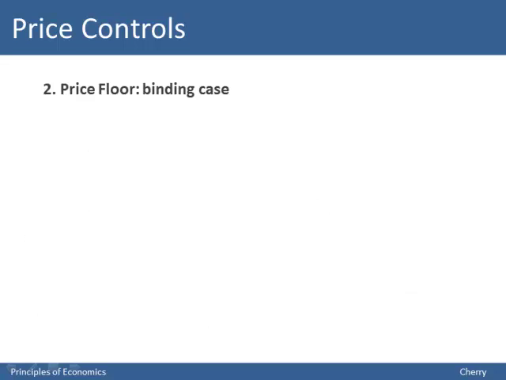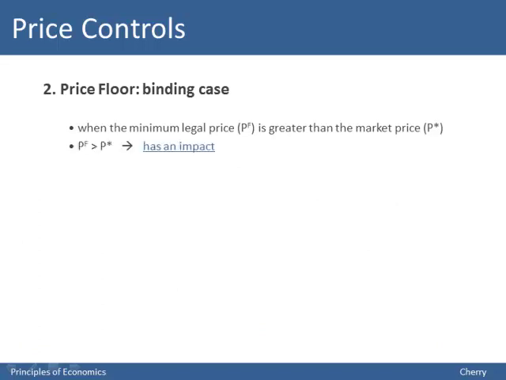So let's look at the binding case. This is when the minimum legal price, the floor, is greater than the market price. If the price is lower than the minimum, that means it's illegal and it's going to have to change. So in this case, where the floor is above the market price, it's going to have an impact on the market.